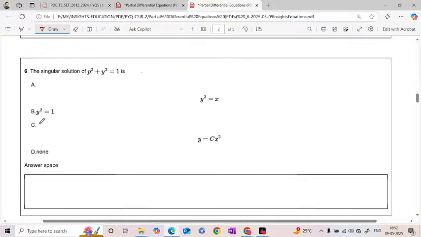The singular solution of the differential equation p square plus y square is equal to 1.